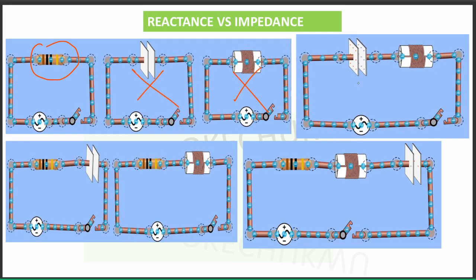This is pure reactance, of course. Even the power that is dissipated is only here. It has no business with this one. So power is dissipated here. Is that okay? So power through an inductor or a capacitor is 0. I hope you know that.